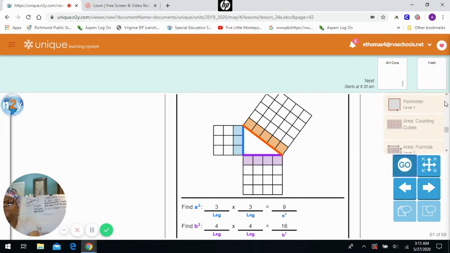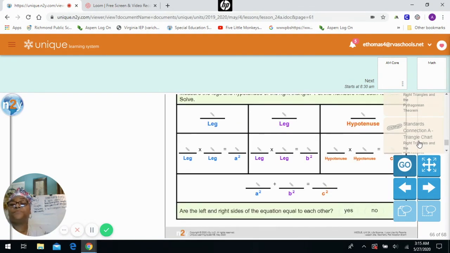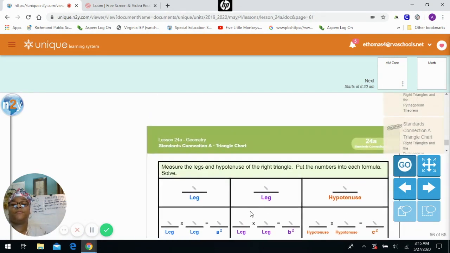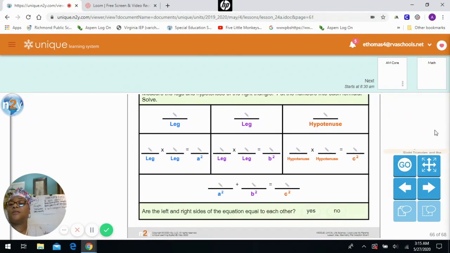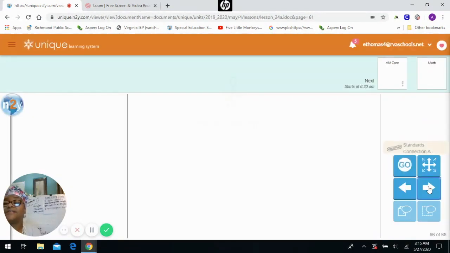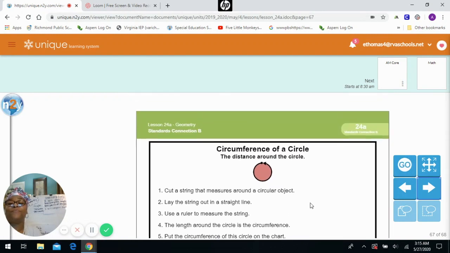Good job. And that's the same thing here. So now you know how to do it. Do your squares to get to the hypotenuse, and these together should be equal to that. I believe that's it for now.